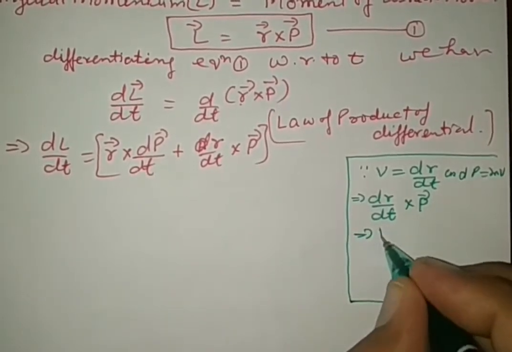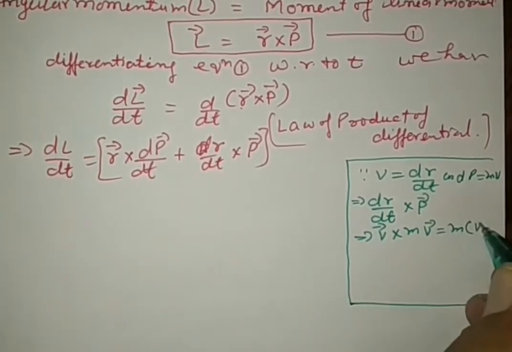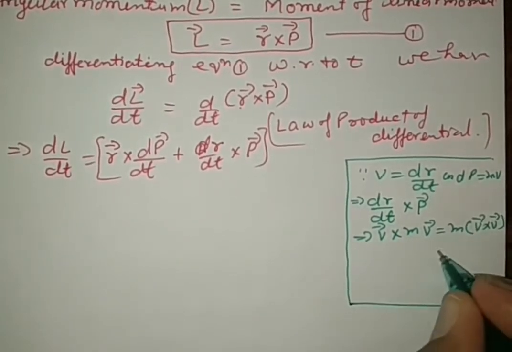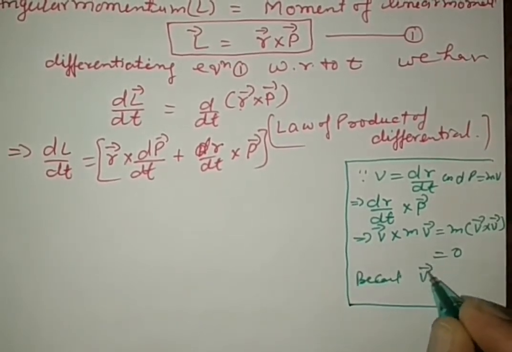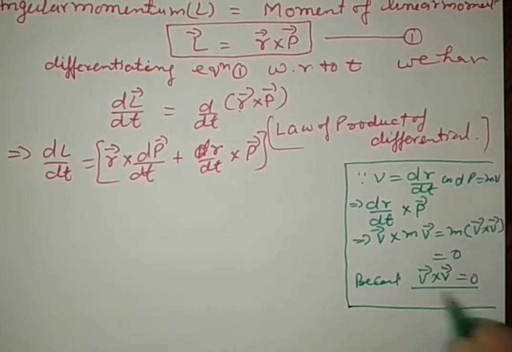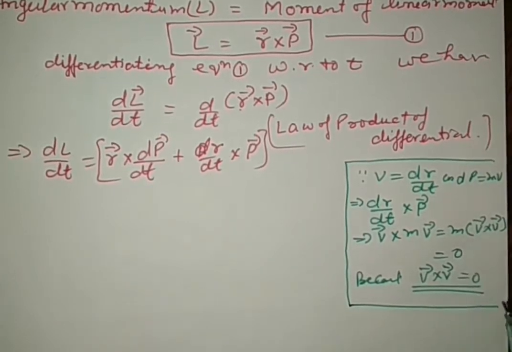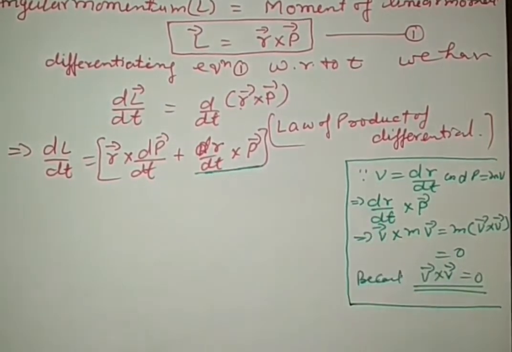So this can be written as v cross mv, which implies m v cross v, it is 0 because v cross v is equal to 0. i cross i is 0, j cross j is 0, k cross k is 0, and the cross product of any similar vectors is always 0 because sin 0 is 0. So this total factor is 0.